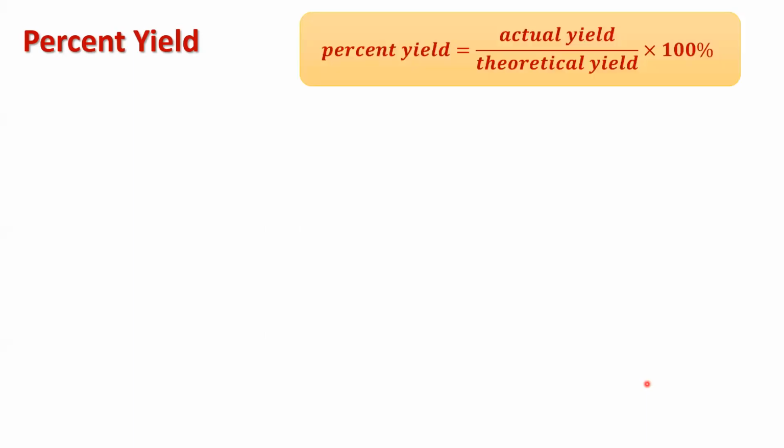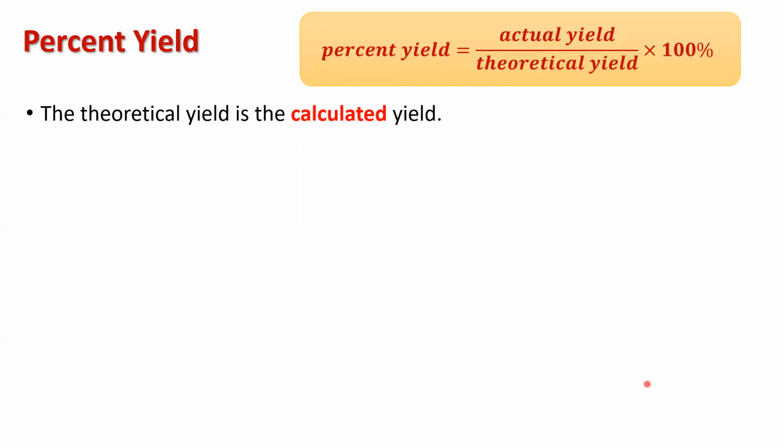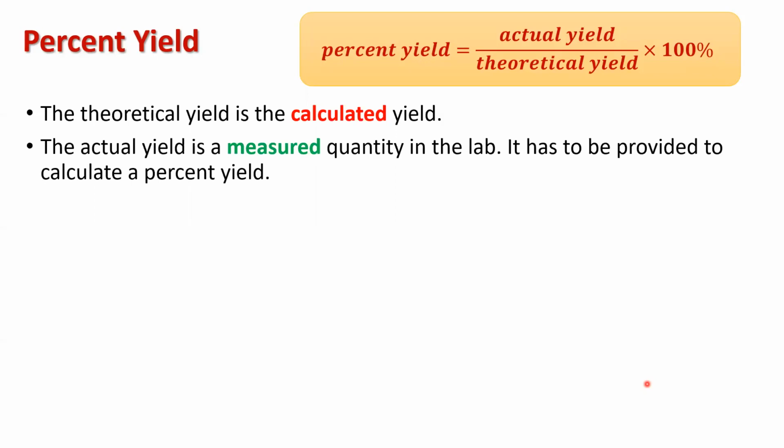All right. So we're going to talk about what's called percent yield. When we deal with percent yield, it is the theoretical value, what we calculate, compared to the actual value, which is what we get in our lab.